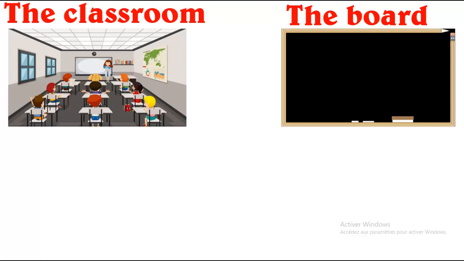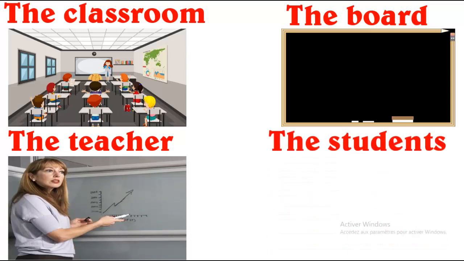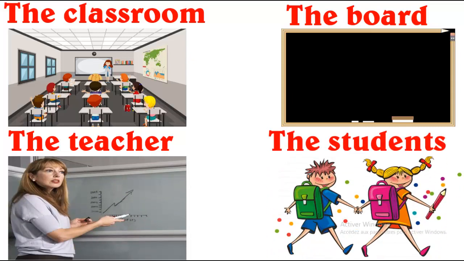Blackboard, tableau noir. So you can say a classroom or the classroom. Une classe, la classe. The board, a board. Un tableau. The teacher, a teacher. The students, a student.